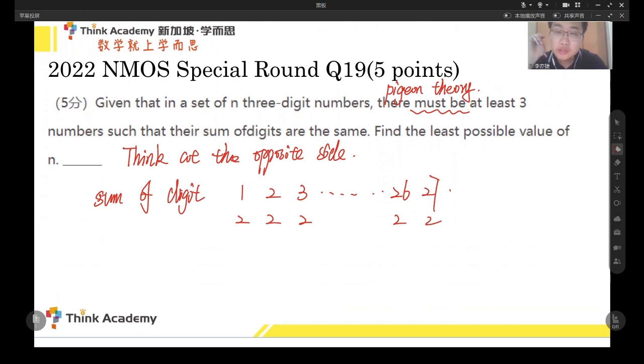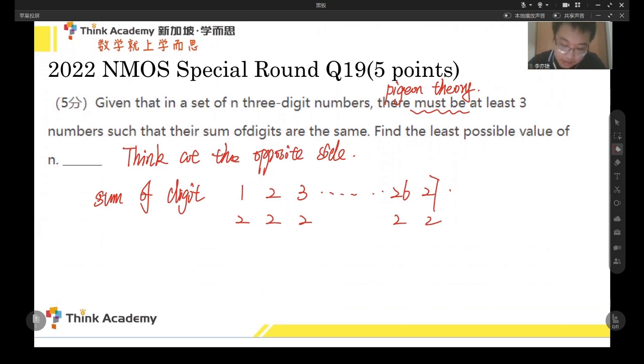So if we choose 2 from each kind, then this is the most numbers we can get where no 3 numbers share the same sum of digits, right? I think this is the worst condition that does not fit the need. And when we find the worst condition, we just use a plus 1 here. If we choose one number more than the worst condition, then there must be at least 3 numbers, right?